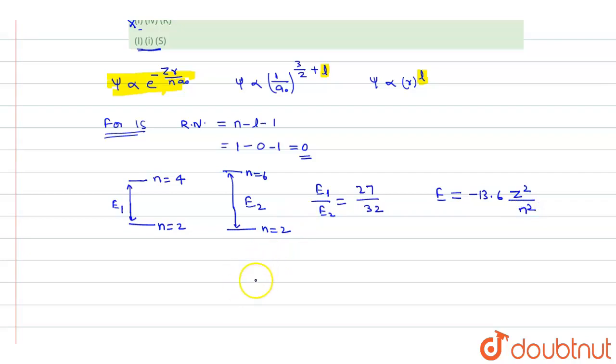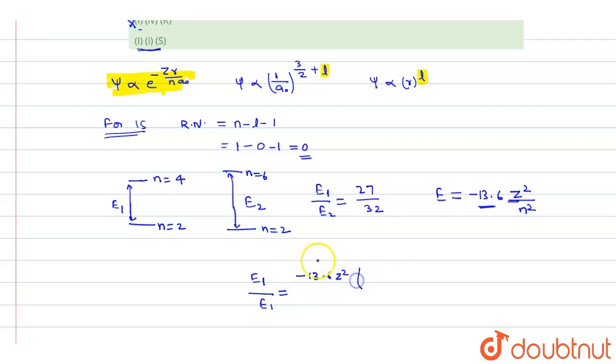So to find E1 upon E2, E1 can be given as, here minus 13.6 and Z square will be common for n equal to 2 and n equal to 4. So we can take that common, minus 13.6 Z square.